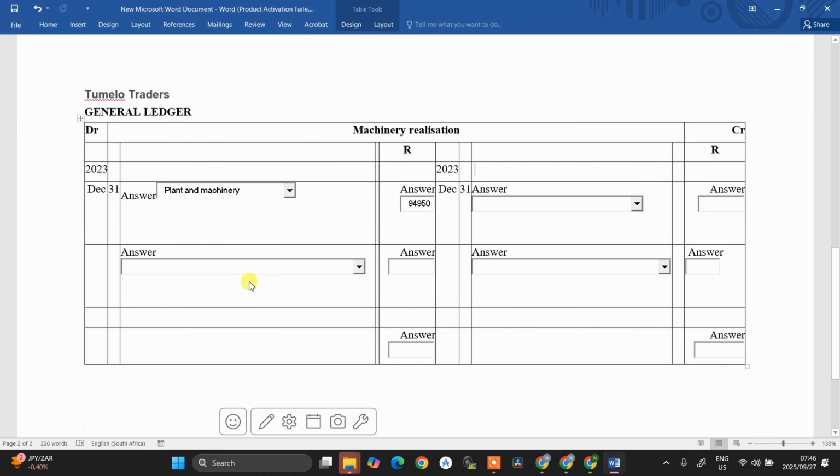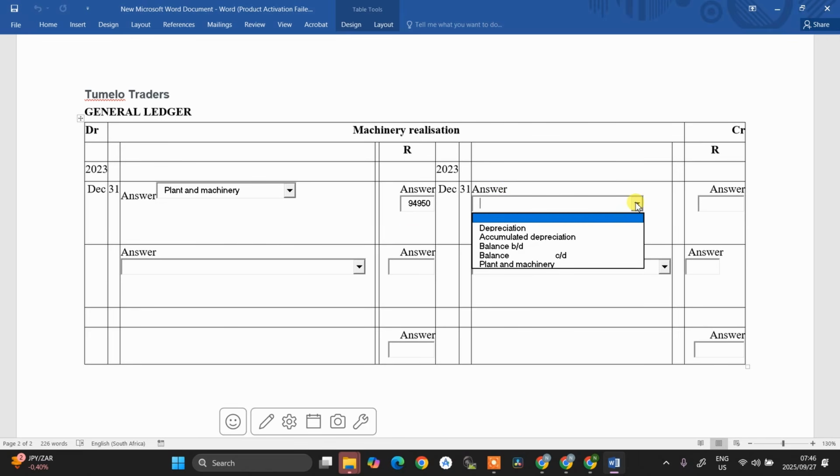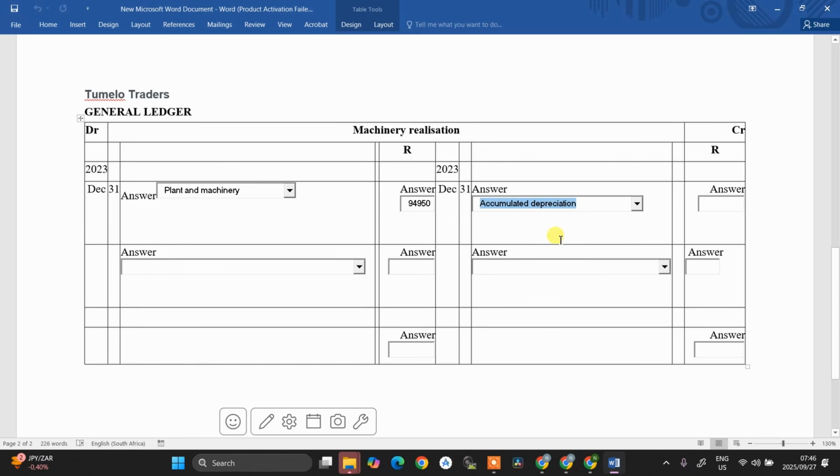Okay. In terms of machinery realization, you must also record the accumulated depreciation for the equipment that you are selling, and you do this on the credit side. Okay, so this is what we're going to do. We're going to record the accumulated depreciation.